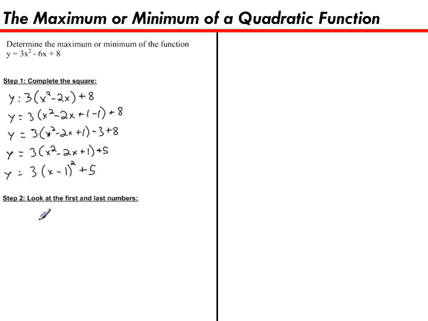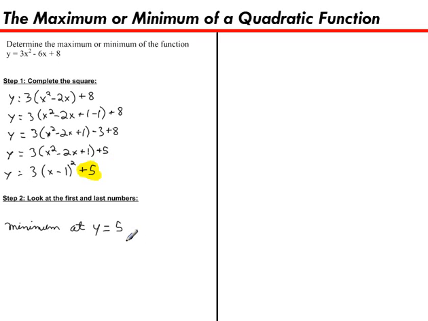But now, what is the minimum value of this quadratic? Well, that's where the last number becomes very important. This is the minimum value of my quadratic function. In other words, I have a minimum at y equals 5.